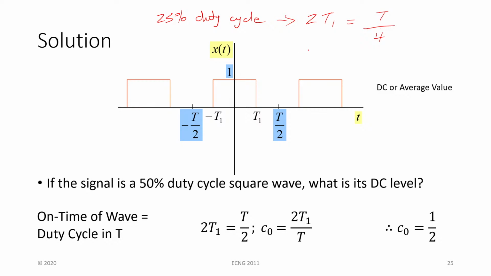Because we know C0 was 2t1 on T, when we solve for C0, this will now be T on 4 divided by T. If we rectify this, it's T on 4 multiplied by 1 on T, and the T's cancel, so we end up with a value of a quarter.